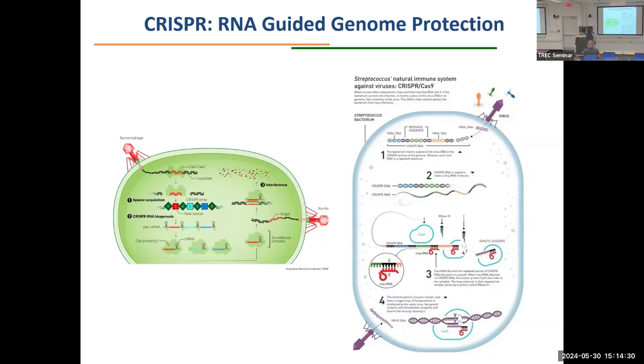The spacer RNA is a sequence which is complementary to the sequence of the bacteriophage. For example, this bacteriophage has infected the bacteria, and the bacteria has acquired a part of the DNA into the spacer sequence. When these bacteriophages again try to reinfect the bacteria, this surveillance system is already active all the time in the bacterial cell.